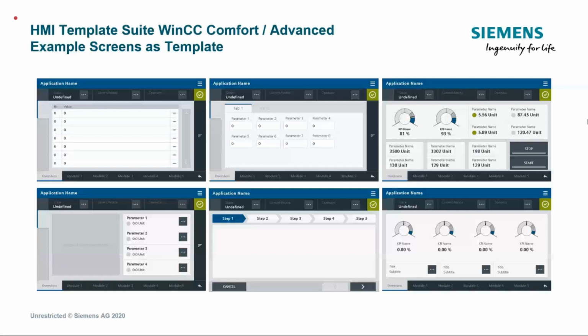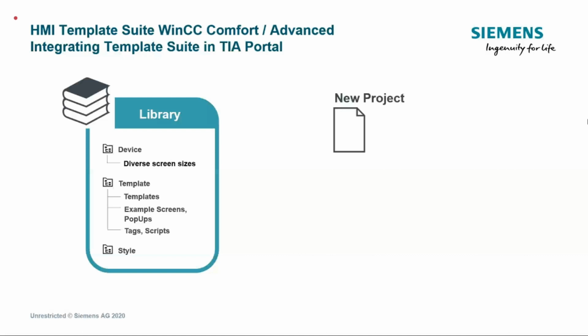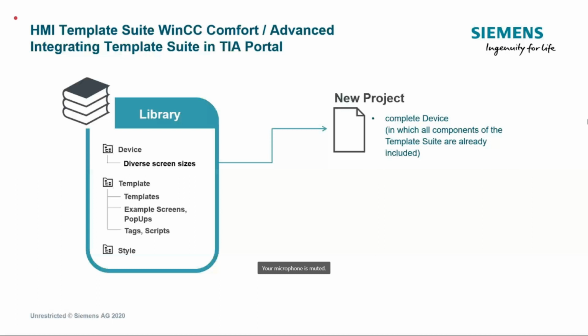And if you want to use the template suite, how would you do that? As I mentioned, it's a part of the library elements in the TIA Portal. So you basically download the library. And if you're working with a new project, you can directly go with the complete device from the library itself.